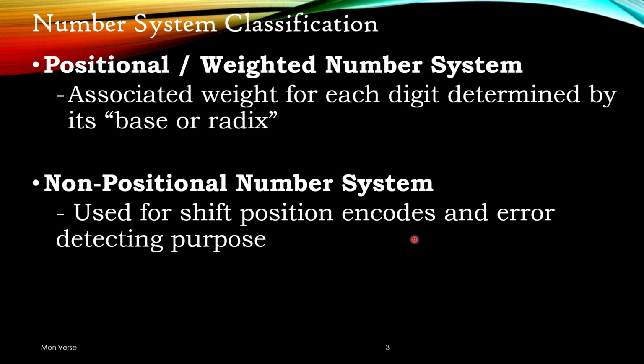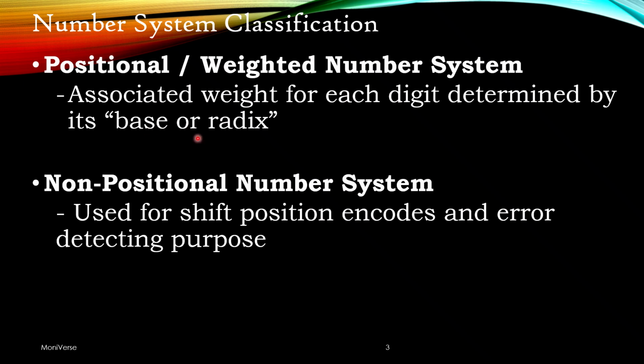So now we can see the classification of number systems. Usually, the number system is classified into two types. The positional, or we can call it the weighted number system. This weighted number system has a weight for each digit, which is determined by the base or radix.